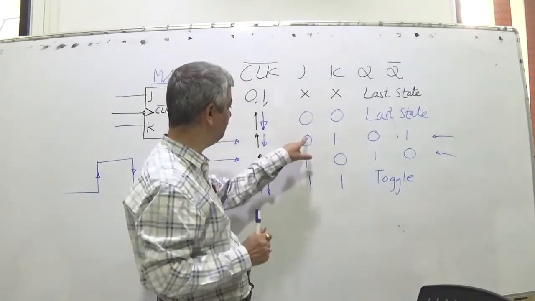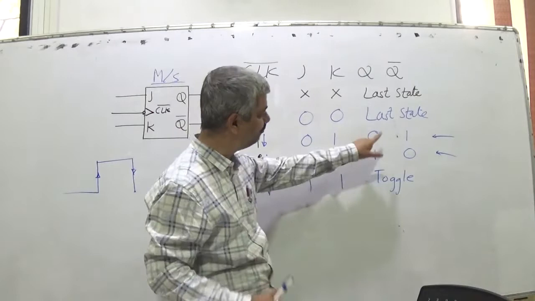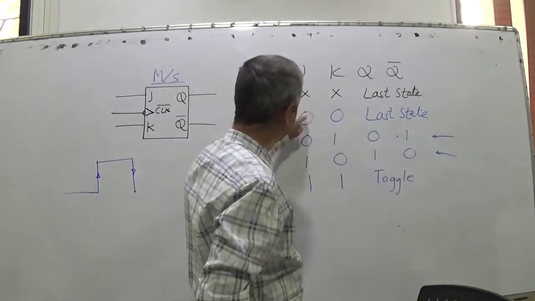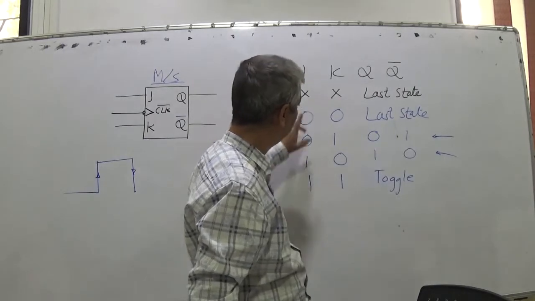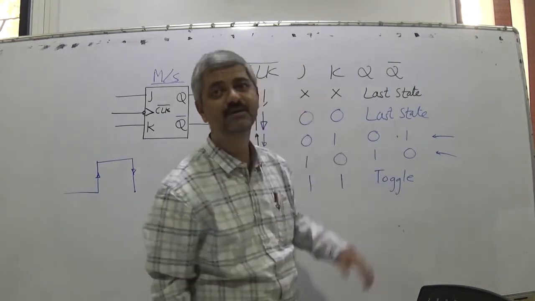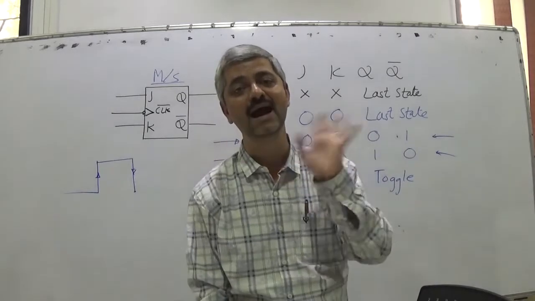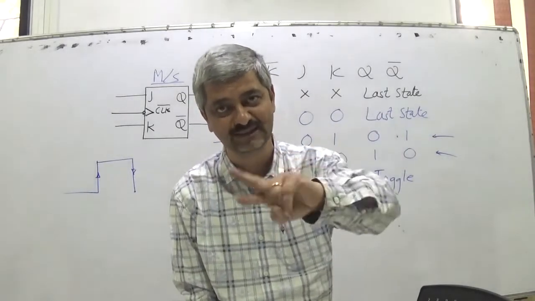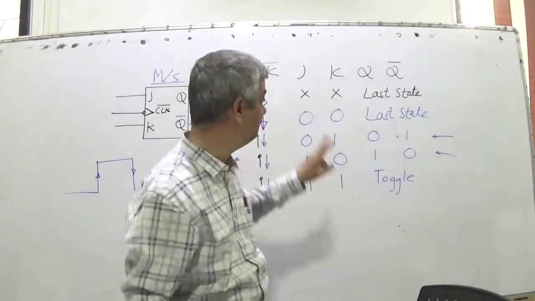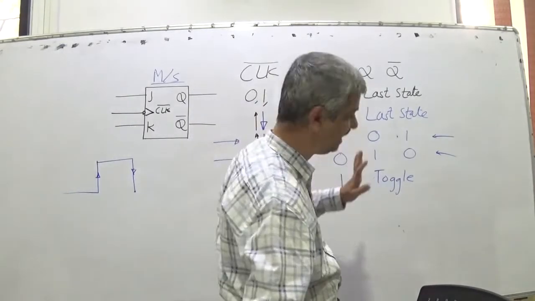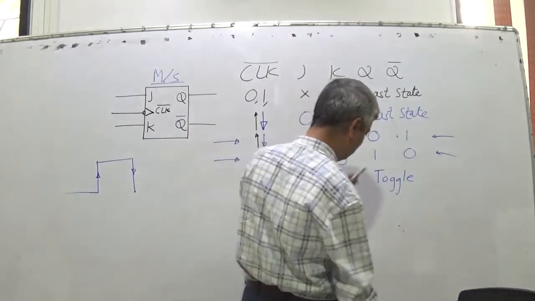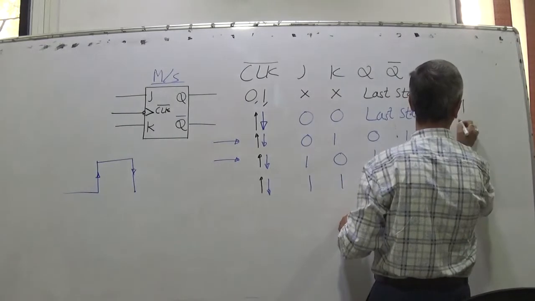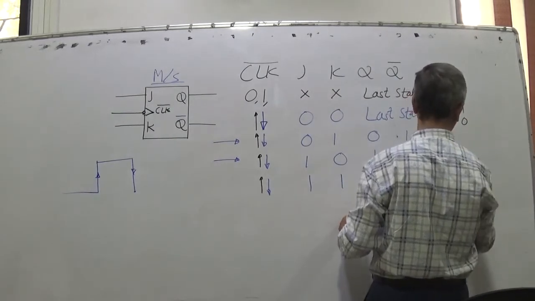Like that, when inputs are 0, 1 or 1, 0, outputs are fixed 0, 1 and 1, 0. Whereas if input is 0, 0 and 1, 1, this input does not demand a specific output. So both outputs are possible. For input 0, 0, last state means what? That's what I discussed earlier. Both outputs are possible. Here also both outputs are possible.